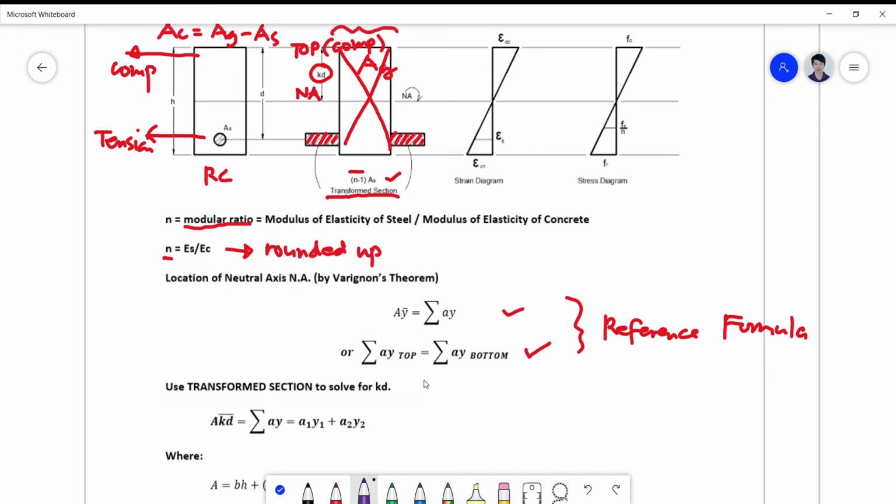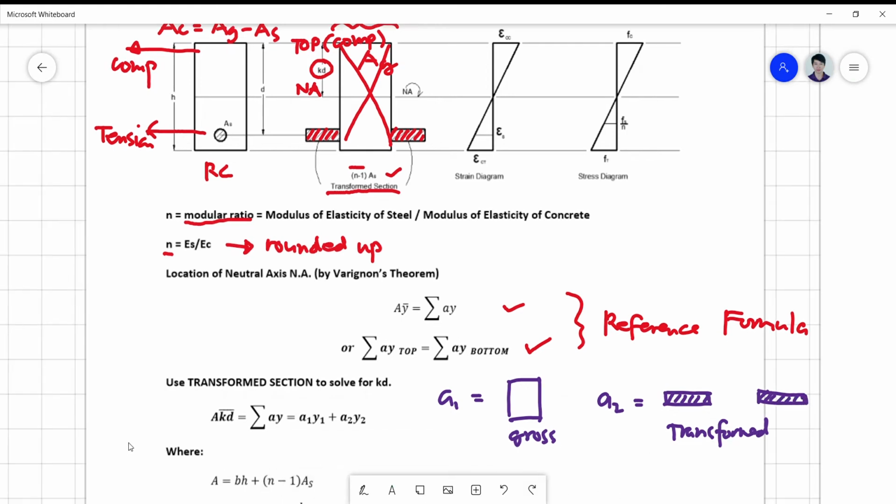Okay, so area here, A1 is simply the area of the rectangle, and A2 is simply the area of the transformed section. Okay, so this is the area gross, and this is the area of the transformed steel section. Okay, so you see the two rectangles drawn on either side.